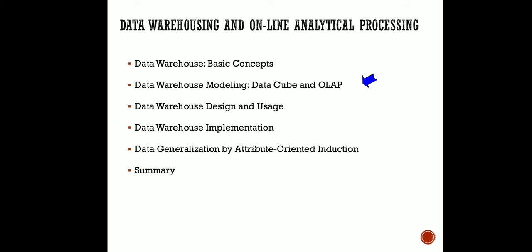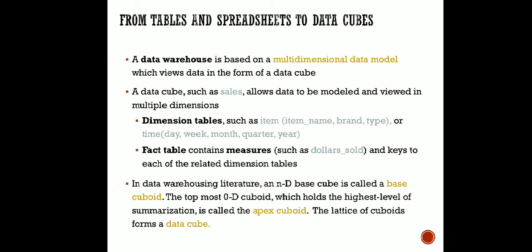Now we are going to cover a very important topic, that is data cube and OLAP. Okay. You can see here a data warehouse is based on a multi-dimensional data model which views data in the form of a data cube. So we are going to represent my total OLAP or data warehouse data in the form of a cube.